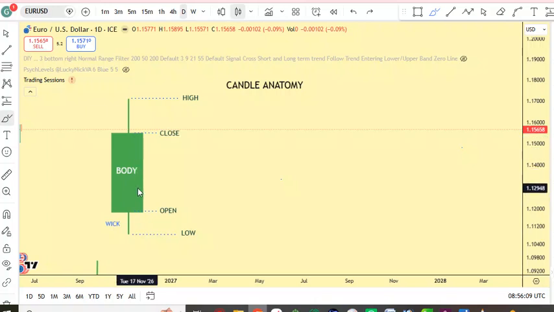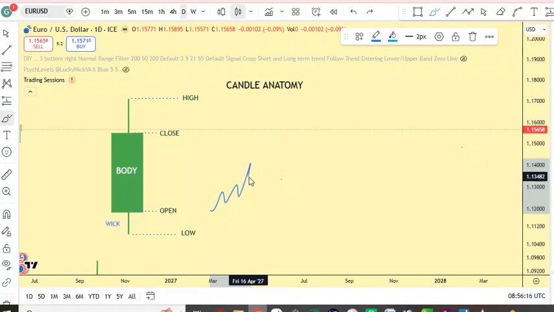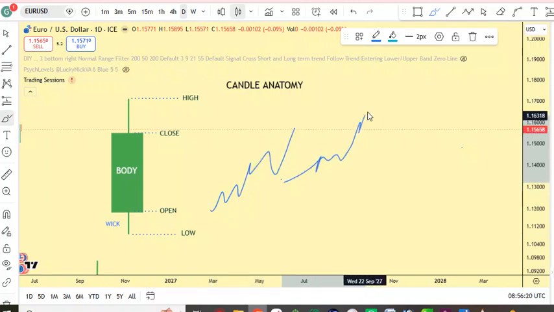Now, remember, when we say bullish candle, we are referring to candles that go up. The candle opens from below and begins to go up.